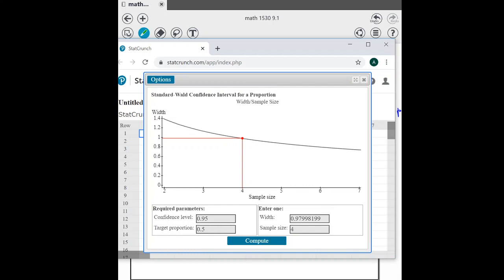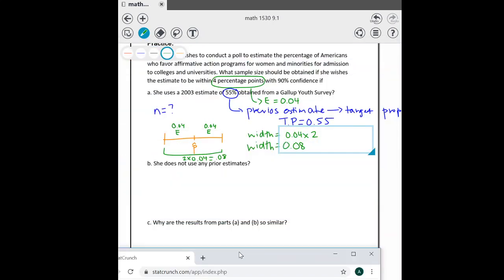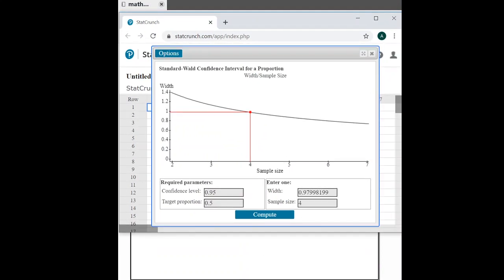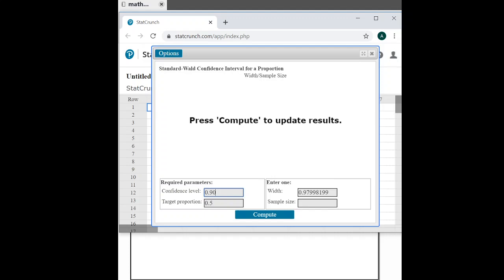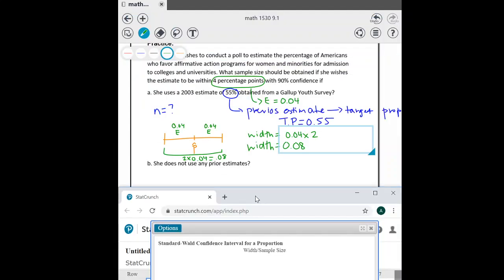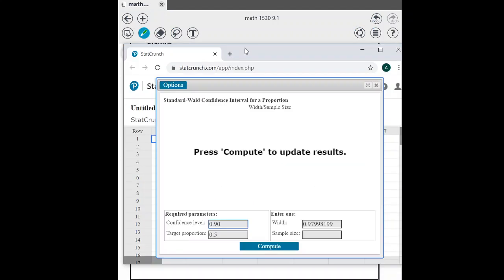You'll notice there's a place to put confidence level, a place to put width, and a place for target proportion. Our confidence level is 90. Our target proportion was this previous estimate of 55, so that's 0.55.